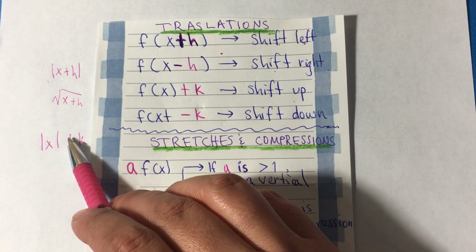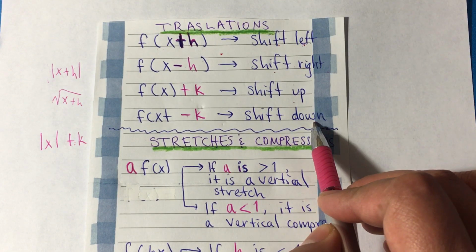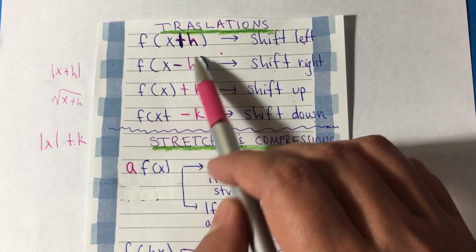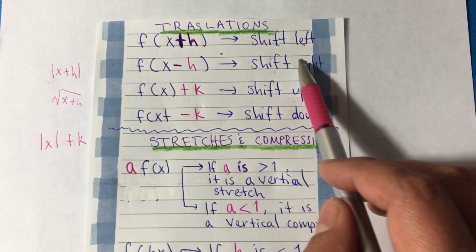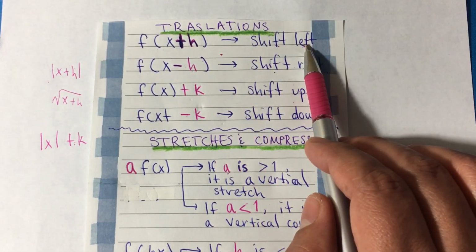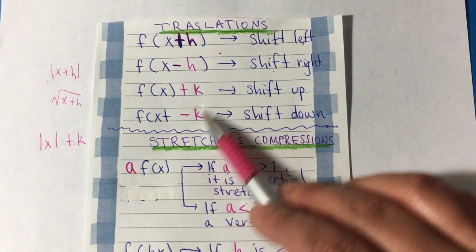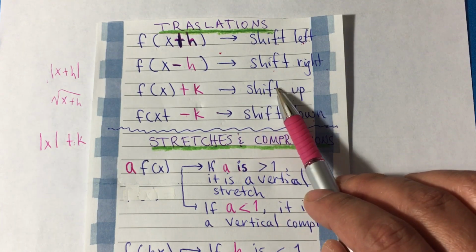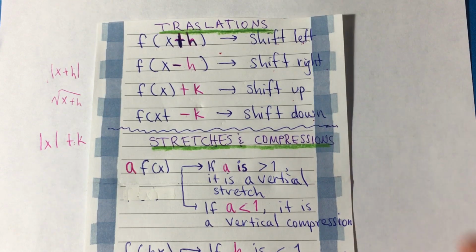If it's positive, it goes up. If it's negative, it will shift down. Okay? Again, inside of parentheses or any symbol, you shift on x the opposite. Positives go to the left, negatives go to the right. If it's adding outside, the shift will be on y, and it does follow: positives go up, negatives go down.